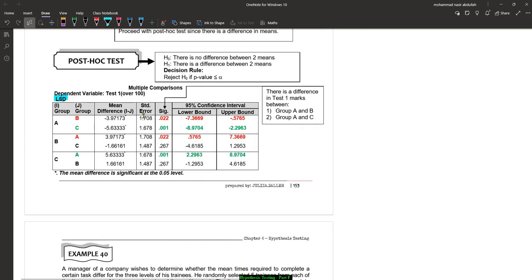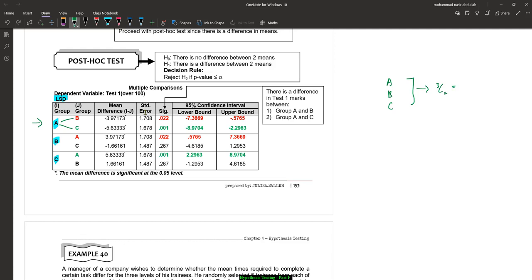Right. So ini first kolom ni dia bagi tahu group yang kita ada lah, group A, group B and group C. And then the first row dekat sini, dia akan bagi comparison. Group A and group B, group A and group C. So if you have three groups A, B and C, how many comparisons should you have? 3 choose 2.